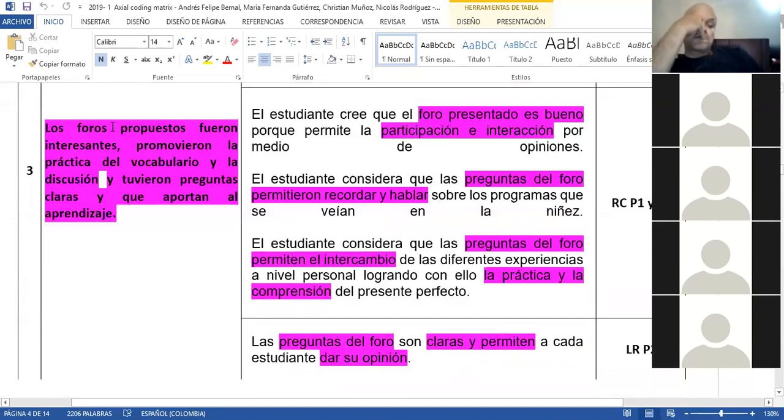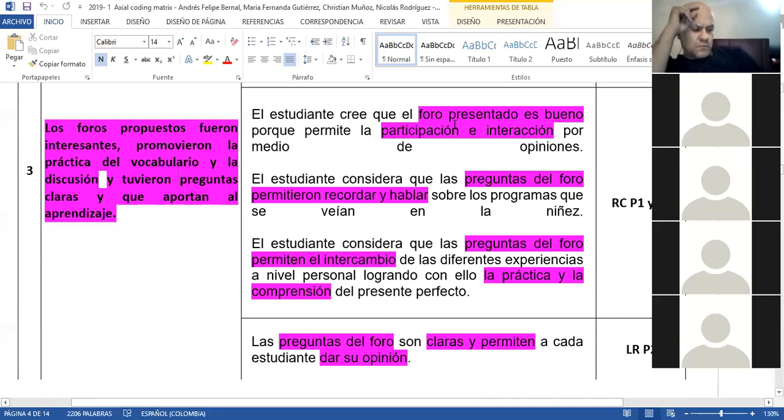Another code, los foros propuestos fueron interesantes, promovieron la práctica del vocabulario y la discusión, y tuvieron preguntas claras y que aportan al aprendizaje. So again, those ideas, those words: interesting, promoted the practice of vocabulary, they promoted discussion, the questions using the forums were clear, and they helped students to learn.